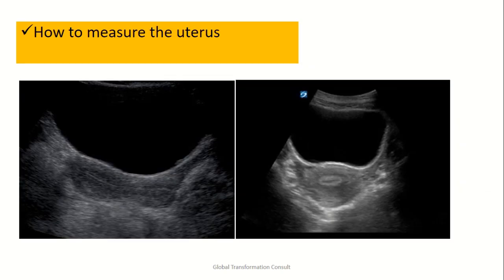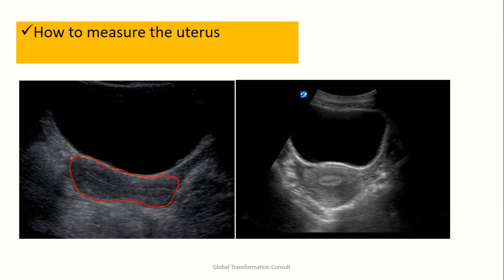So let's look at the uterus, how to measure the uterus. You measure the uterus by looking at the anatomy of the uterus first. This is the shape of the uterus we are seeing here, down to the cervix. You can see it neatly demarcated here, and that is the endometrium.